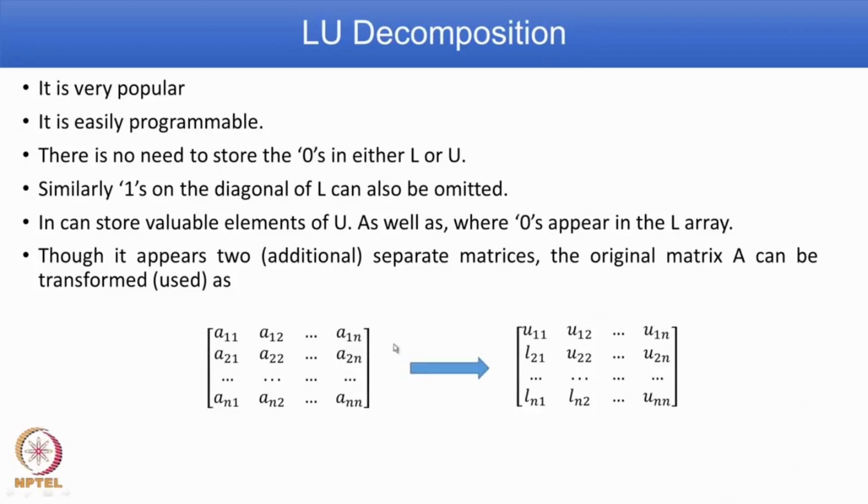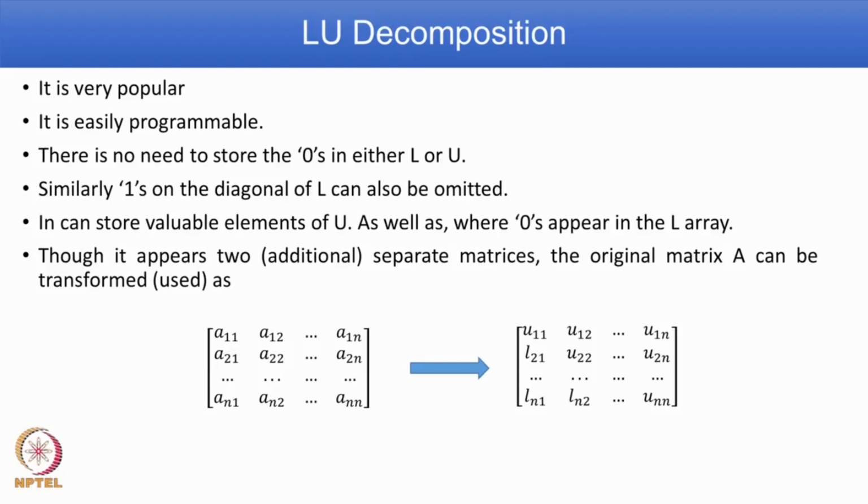So, the given matrix A11, A12, A1n all the way up to Ann is now replaced with L and U as shown here. We already know for the L matrix the diagonal element values are 1, and we also just now mentioned there is no need to store 1 because it is default for any coefficient matrix.